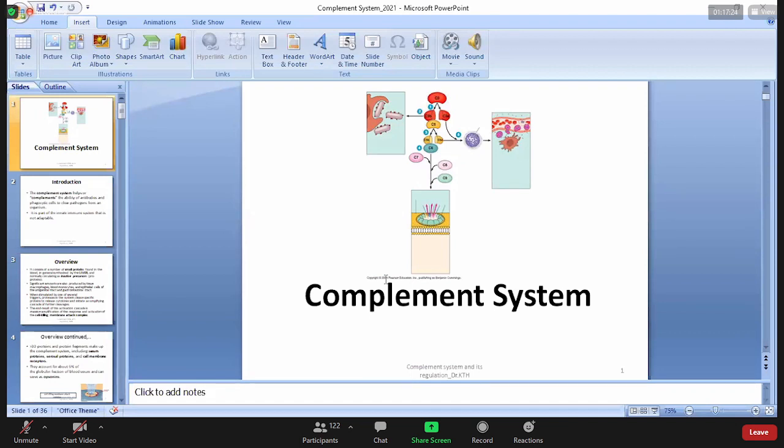And in so doing, everything within the cytoplasm pours out. Okay? Have you understood?